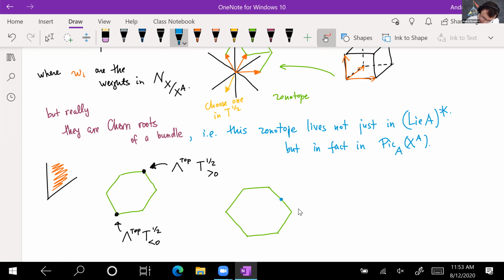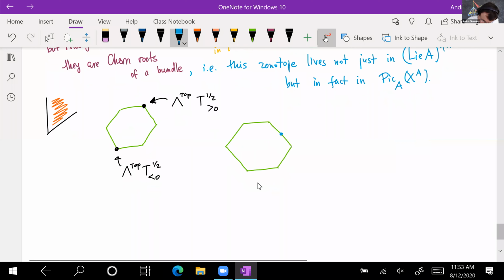If I have some facet here, this corresponds to measuring weights with respect to a subtorus. So maybe there's a dual to weights with respect to subtorus A prime.